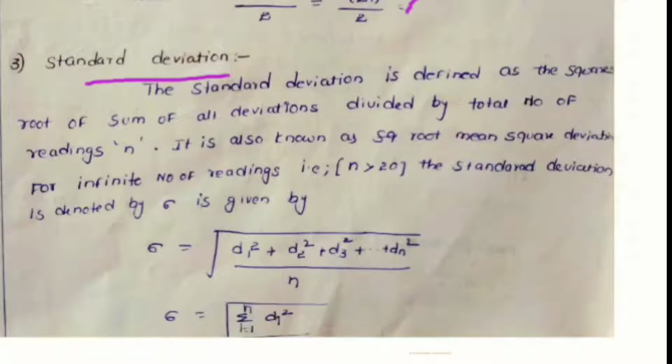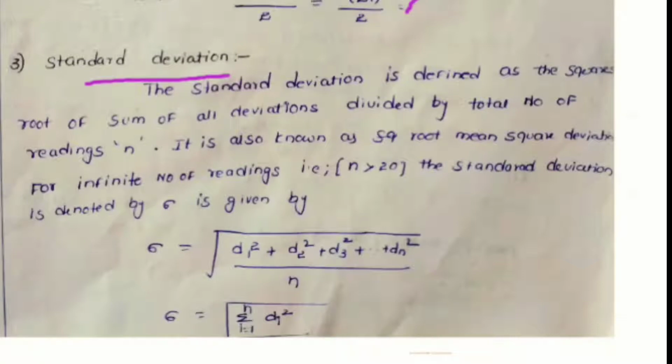The standard deviation is defined as the square root of the sum of squares of all deviations divided by the total number of readings taken. It is denoted by sigma: sigma equals the square root of (d1 square plus d2 square plus d3 square and so on up to dn square) divided by n.